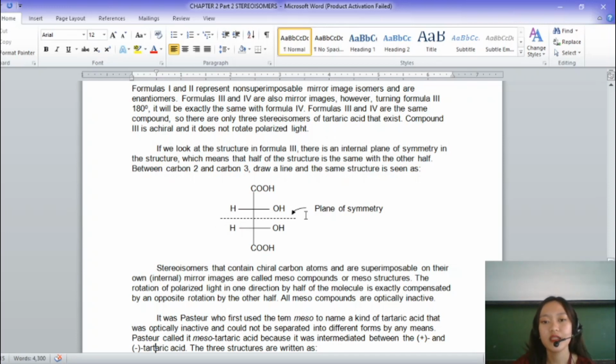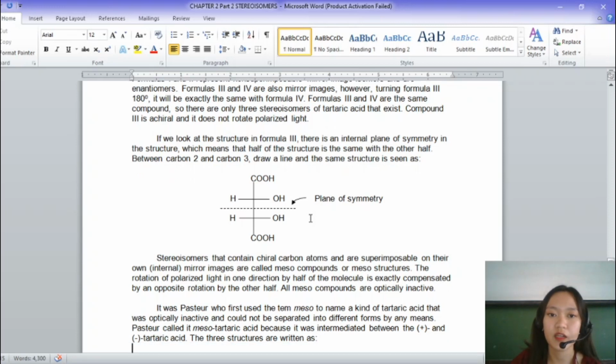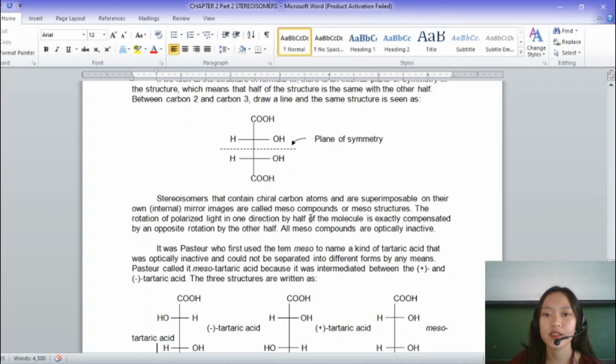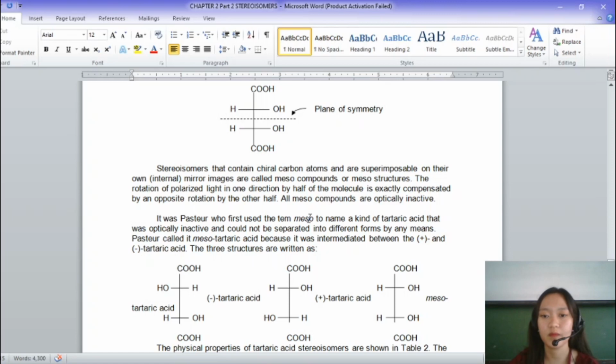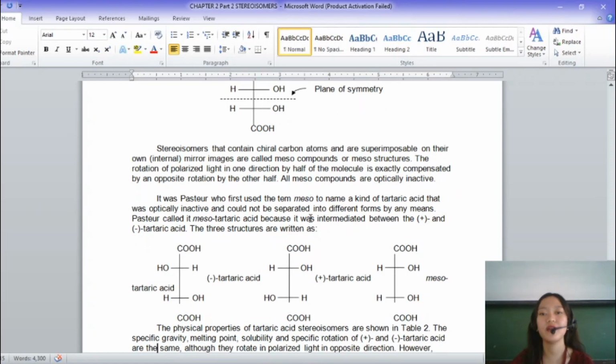Kapag hinati mo sa gitna, symmetrical ang top part sa bottom part. So, meron siyang plane of symmetry. If there is a presence of plane of symmetry, then that means the compound is a mesocompound. Meaning, pareho lang ang structure number 3 and 4. It is the same compound. It is a mesocompound.